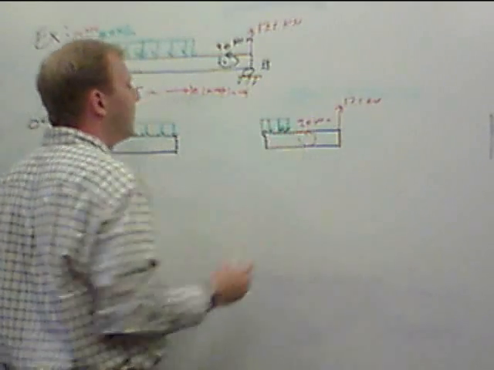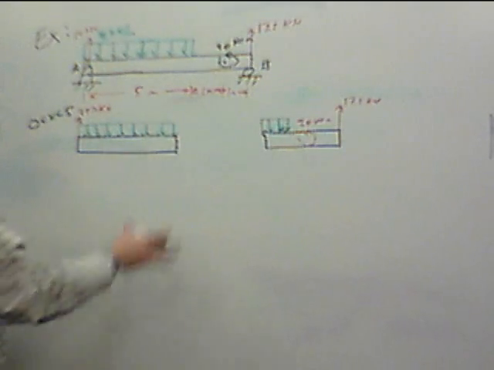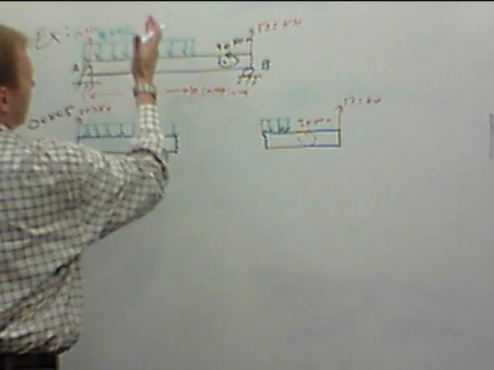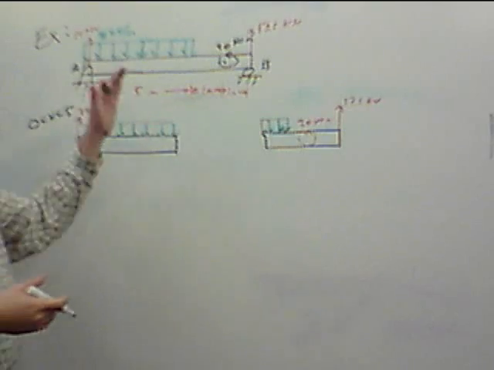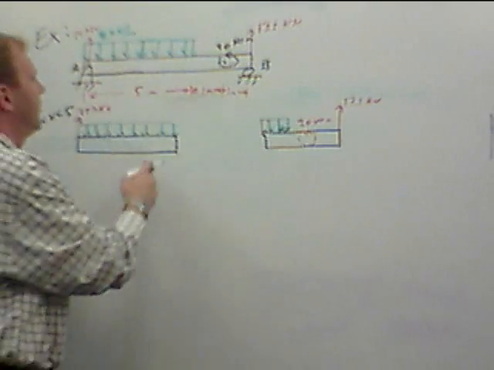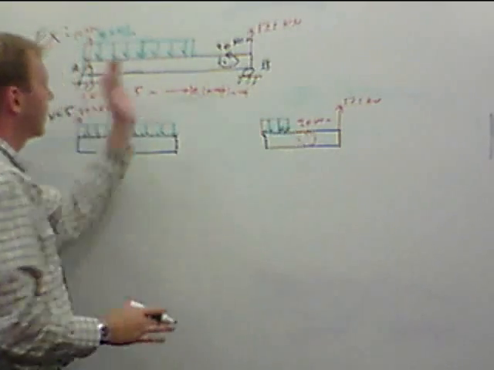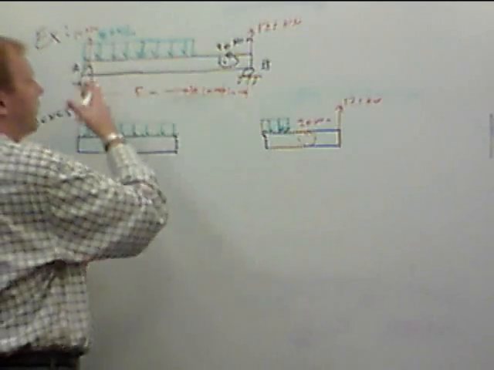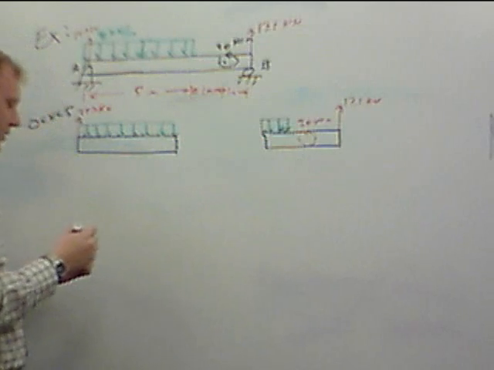This is an important detail, because if I had left this as a single force applied in the middle of our beam here, when we cut it, if we cut it at less than 2.5, the total distributed load would have been on the right hand side. If we cut it after 2.5, it would have been on the left. When in reality, if we cut it anywhere in between here, we're going to have some of the distributed load on either side.